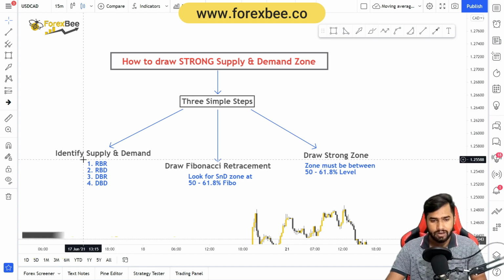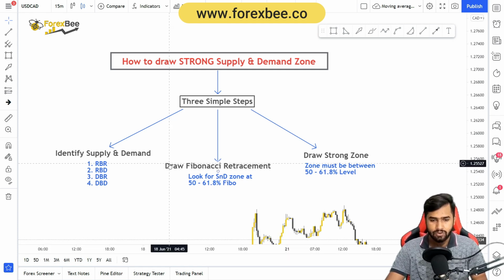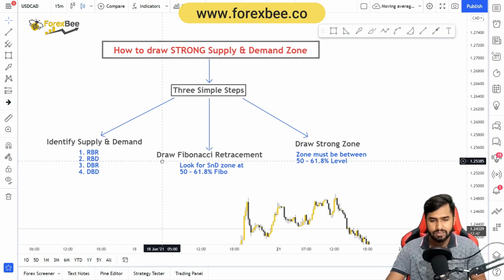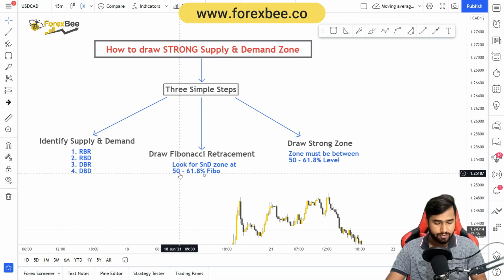Now let's go towards the second step, that is basically drawing the Fibonacci retracement. Here we are adding a confluence or a filter to our zone in order to identify if our supply or demand zone is strong or not. We do this by drawing the Fibonacci retracement using the Fibonacci retracement tool. We need to look for whether the zone is available within our golden zone of Fibonacci retracement.